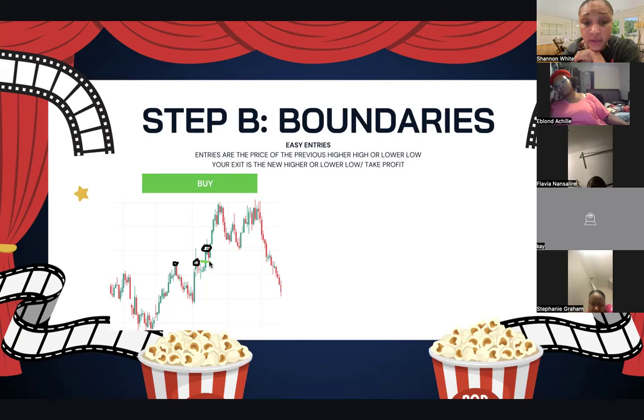It's going to come back to where it came from. You see that red candle came back down. Oh, okay. Shot up. It's going to do it again. It's going to make a new higher high. It actually made it up here. It's going to come back down to the previous higher high before it's back up again.